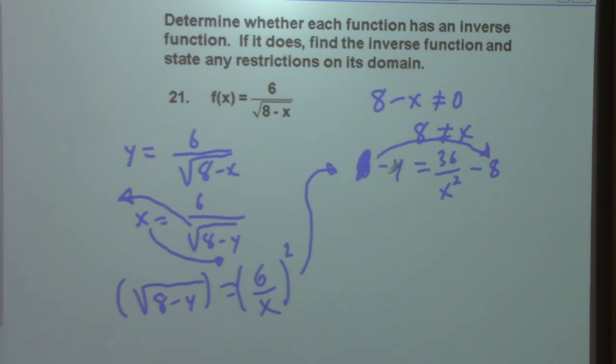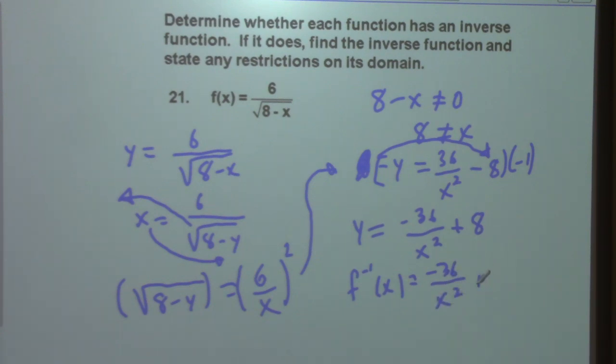And then if we go ahead and multiply by negative 1, now I'm just doing this to save space. We're going to have y is equal to negative 36 over x squared plus 8. Is that what you got? And so that's going to be your f inverse of x is equal to negative 36 over x squared plus 8. So that should be our answer here.